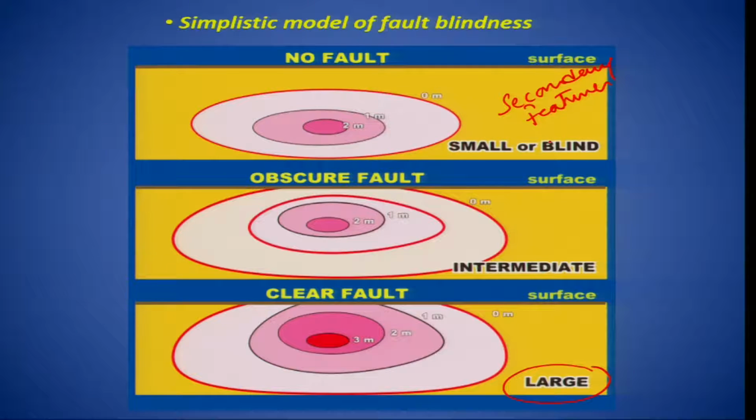Now, these secondary features are, for example, liquefaction. If you have liquefaction preserved, because liquefaction can occur at any place, it does not have any boundary. It may be because of an earthquake which has been triggered 200 kilometers away, but if it is powerful, then even if the fault is blind, it will result in liquefaction.